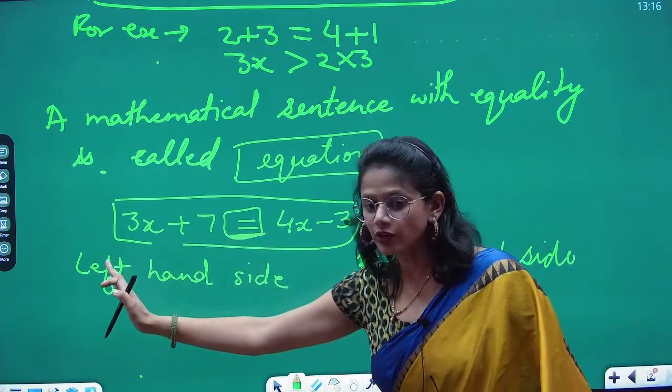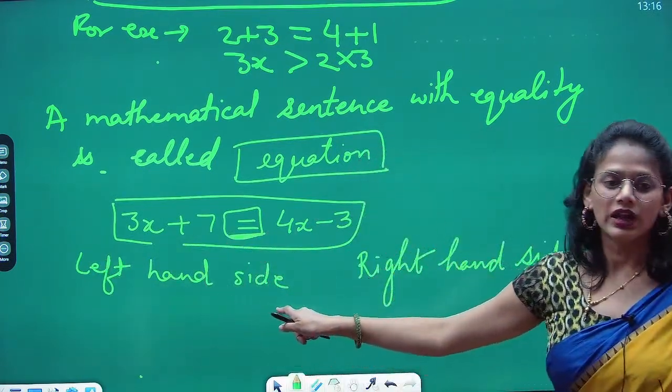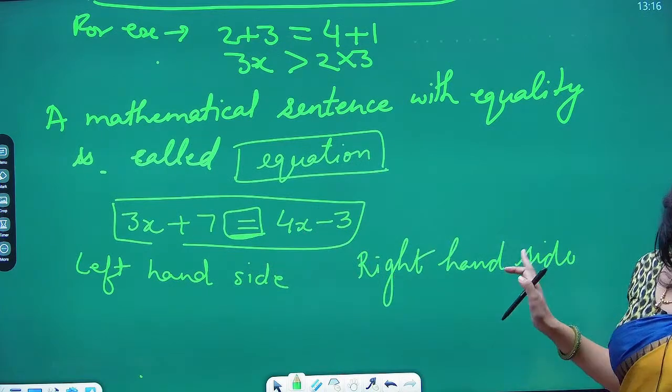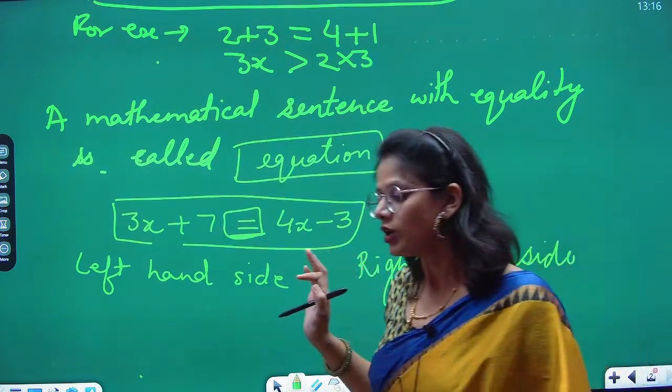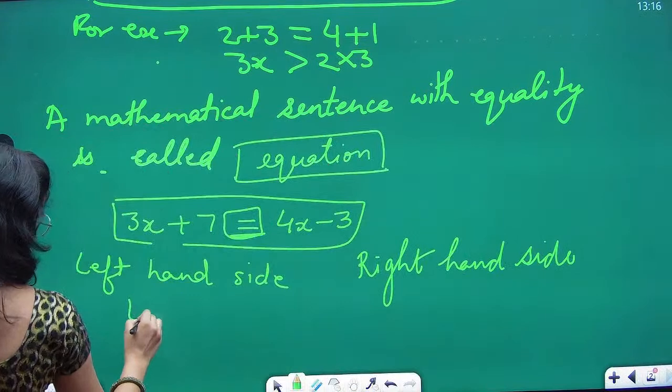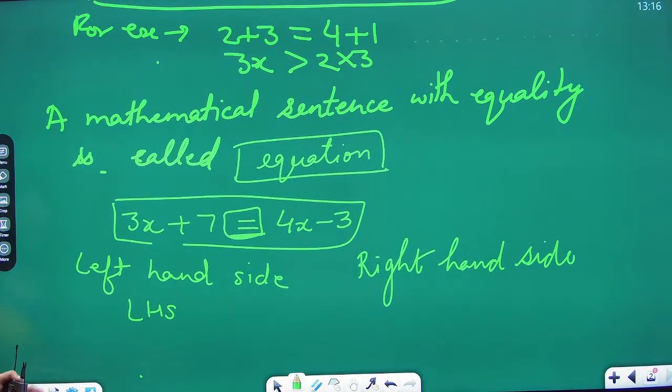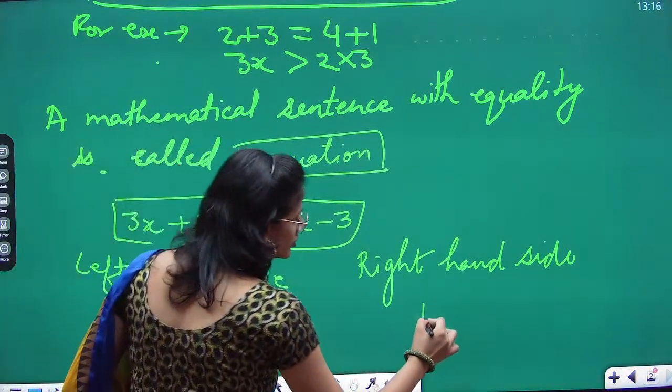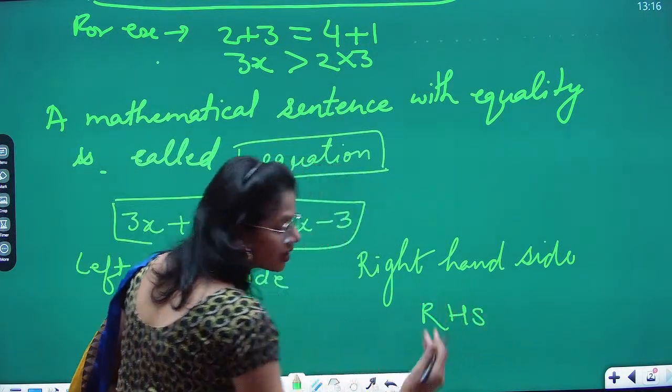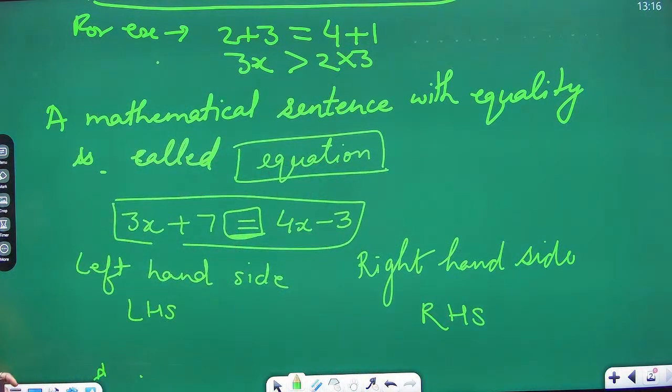We use the abbreviation LHS for left hand side and RHS for right hand side. Is this clear?